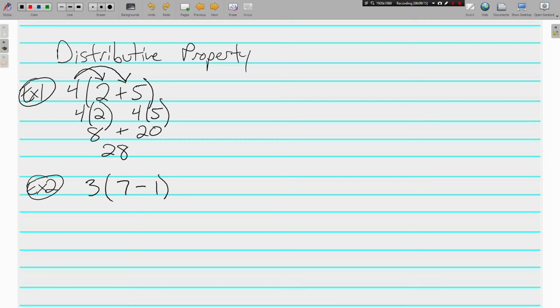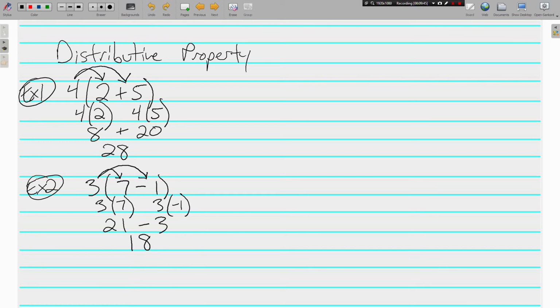Again, I'm going to distribute the 3 to the 7 and the 3 to the negative 1. 3 times 7 and 3 times negative 1. 3 times 7 is 21. 3 times negative 1 is negative 3. 21 minus 3 is 18.